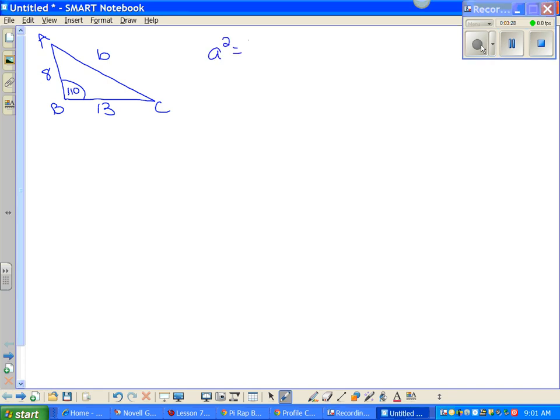A squared equals b squared plus c squared minus 2bc cosine A. And that's right off your reference sheet. Okay. Now, what is side A going to be in terms of our variables?